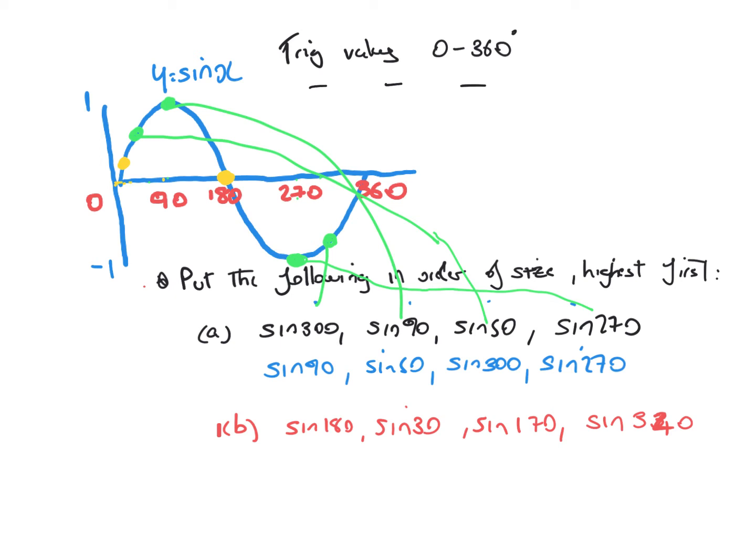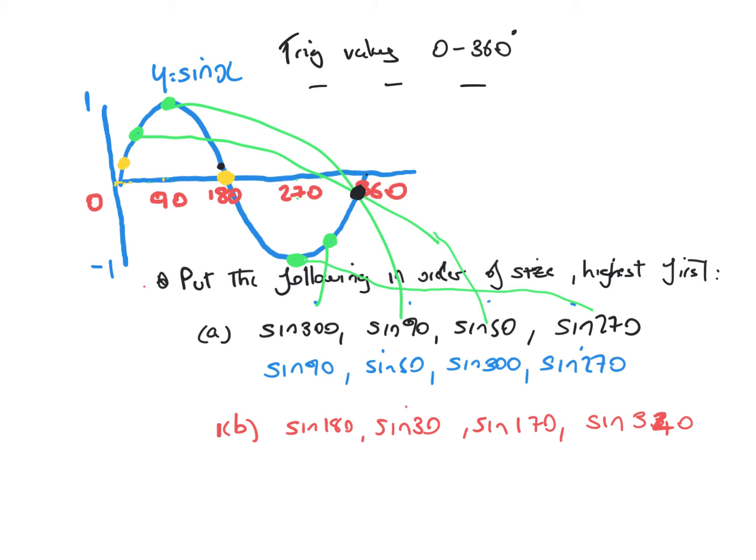Sine 170, I'm just going to put that one in black actually, so that would be about there, just before you get to 180, and then sine 340, and there's 360, so that will just be before you get to 360. Okay, so what's the highest one up this time?